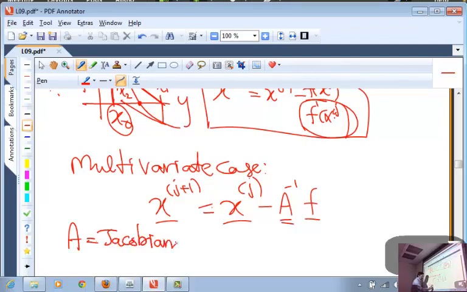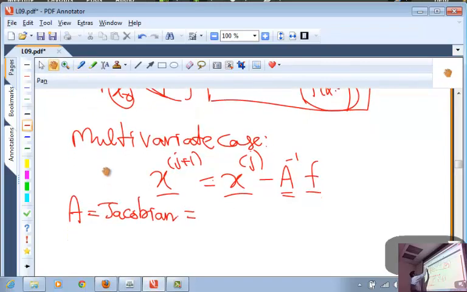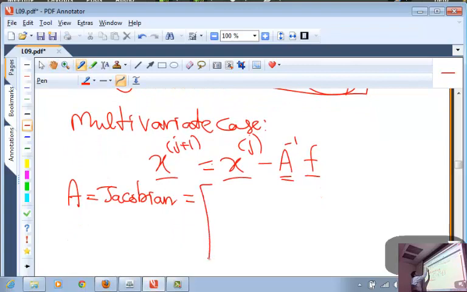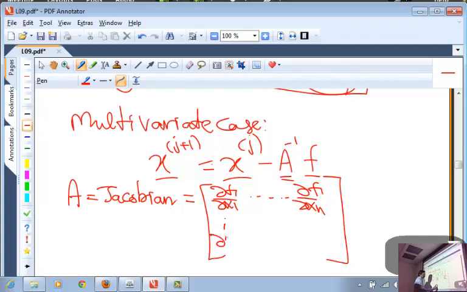Okay, and if you want to write it in an expanded form, it will be a matrix consisting of df1 with respect to dx1, df1 with respect to dxn, all the way to dfn with respect to dx1, dfn with respect to dxn. So the same matrix, the Jacobian matrix, which you can construct once you are given what that function is. If you know the function, it's essentially derivatives of these functions with each one of those variables.